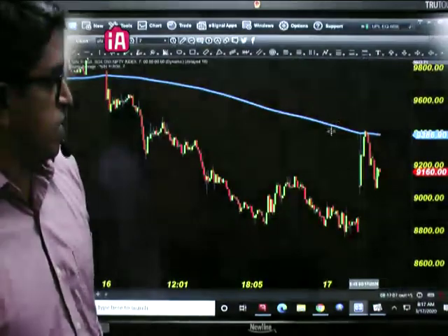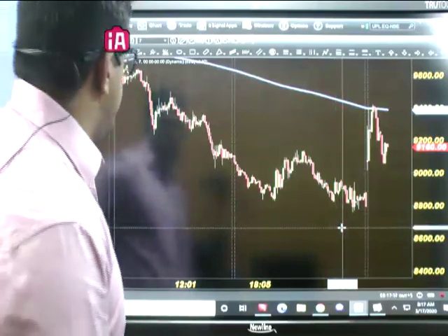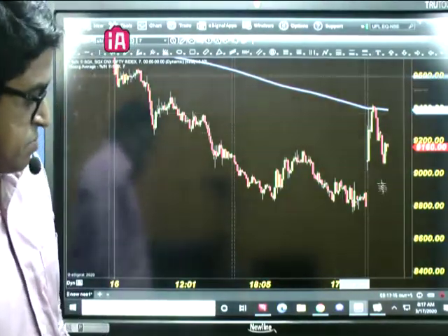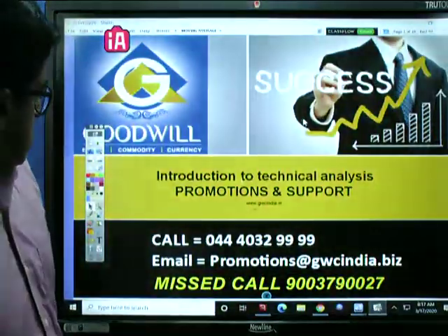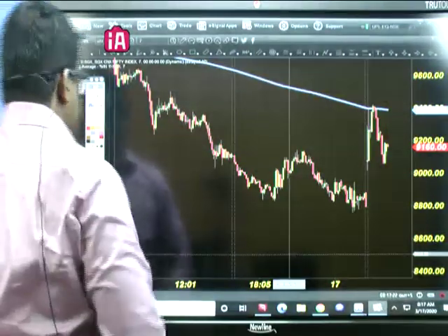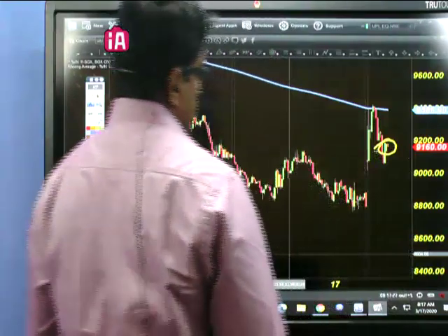Let's start with Nifty index futures. This is the SGX Singapore Exchange price direction for the Nifty index. You can notice the price is now trading around 9,160.